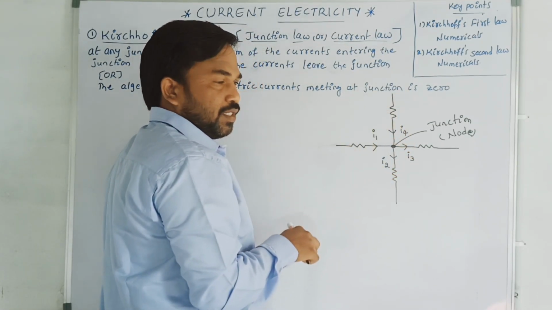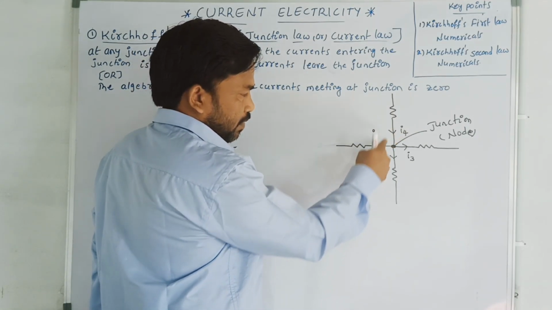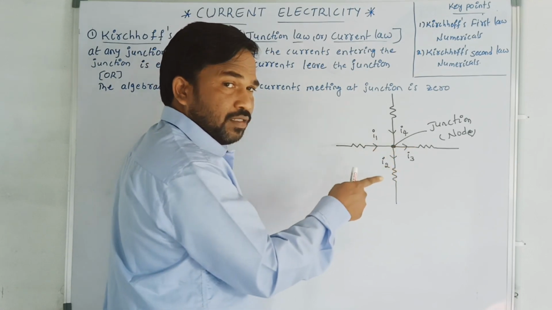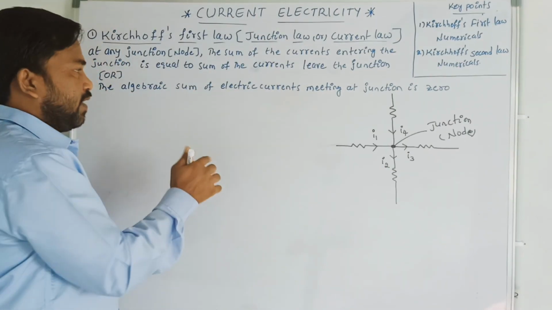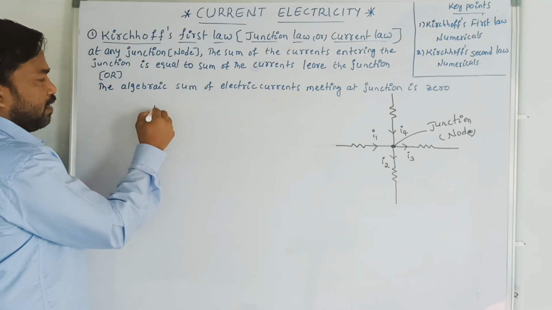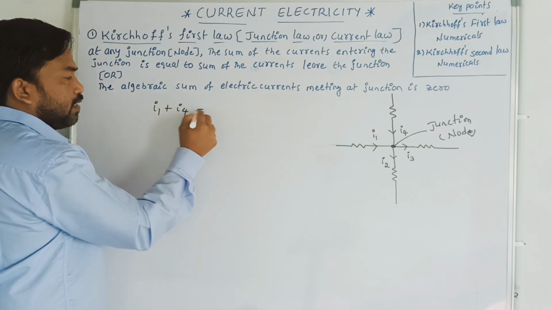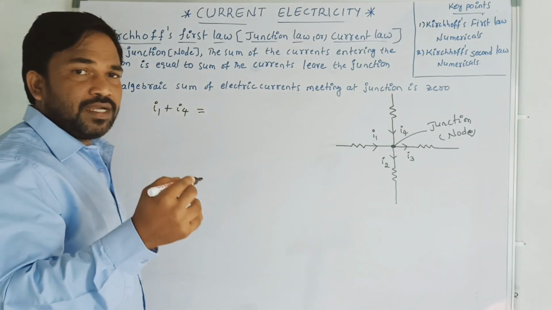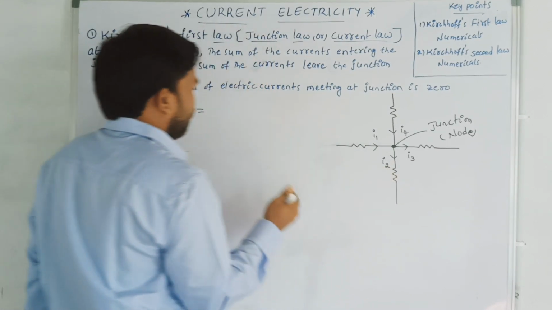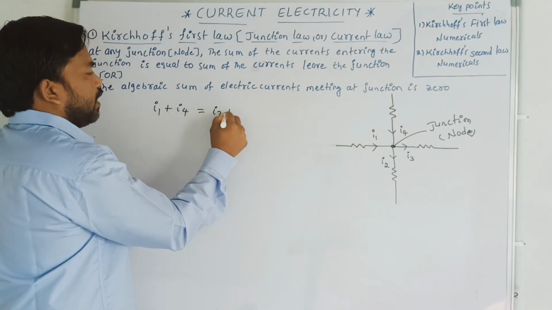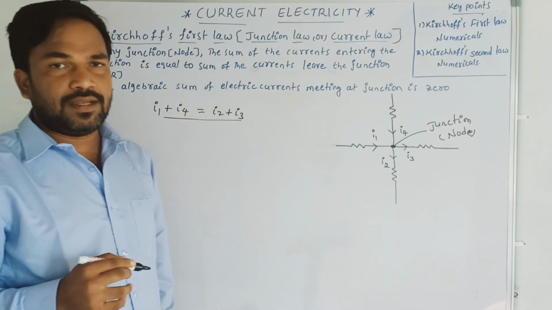Identify the currents leaving the junction: I2 and I3 are leaving the junction. The sum of the currents entering the junction is I1 plus I4, which is equal to the sum of the currents leaving the junction, I2 plus I3. This is known as Kirchhoff's first law.